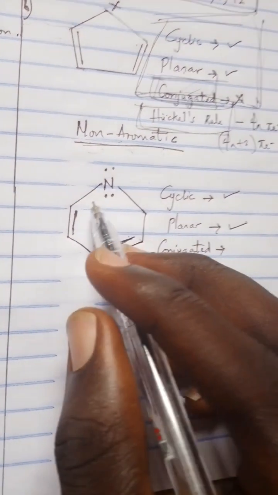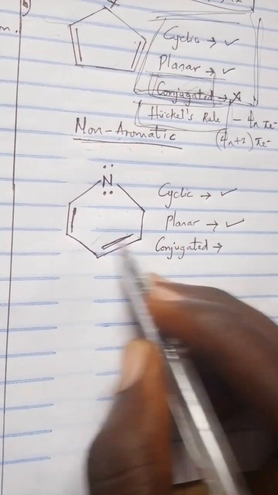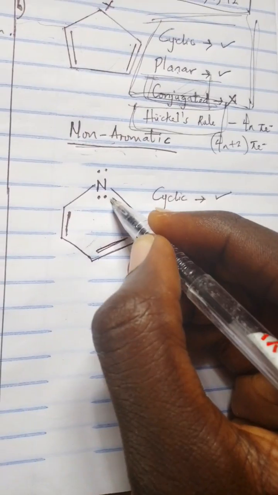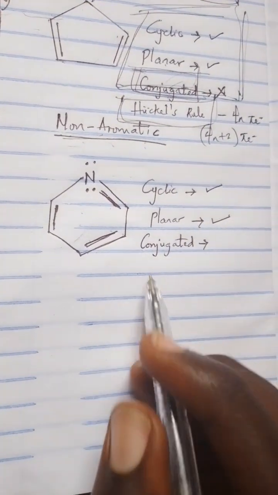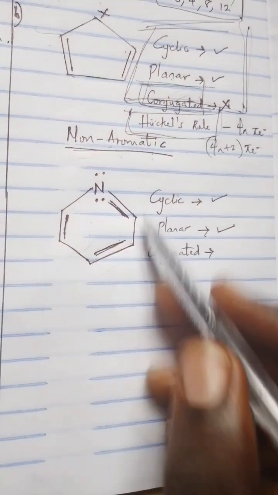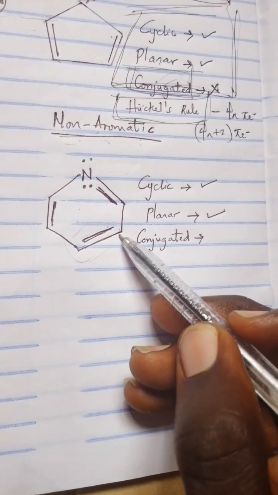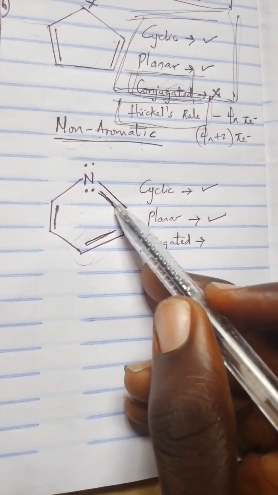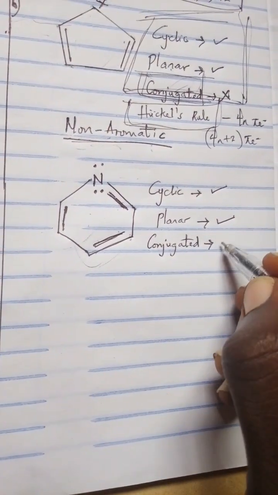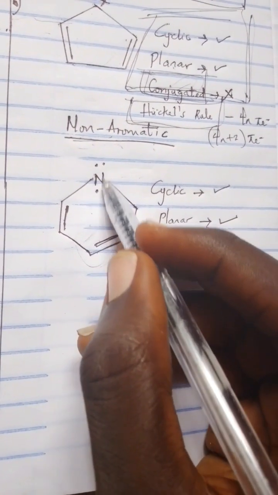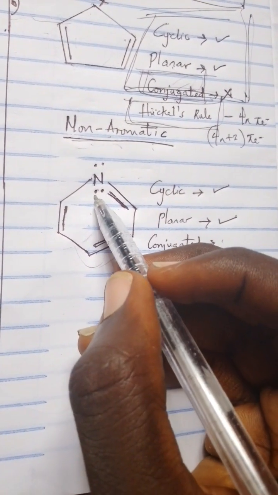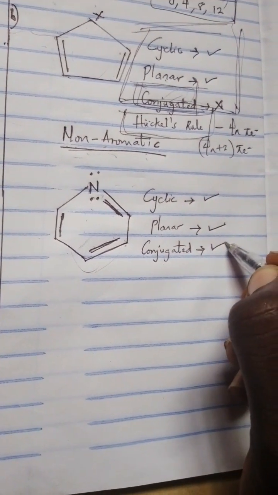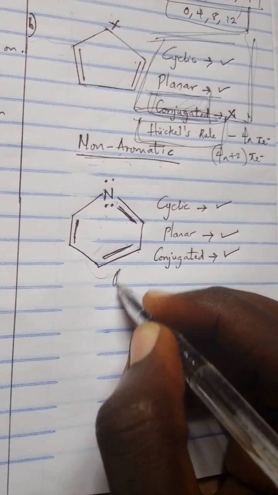So this does not obey the conjugated rule. But I want to prove something. Let us put something like this here. For this compound now, this carbon here is also conjugated because it's attached to a double bond. And the nitrogen that is here has a lone pair that is facing inside, hence it is conjugated.